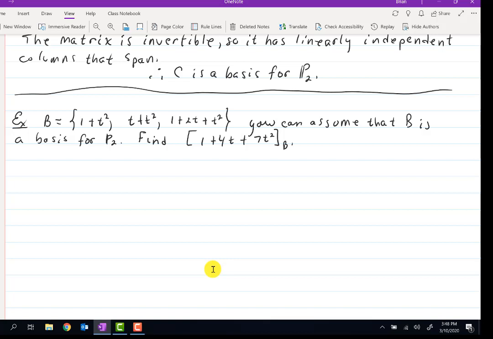Well, probably the easiest way is the following. Recall this. Remember the two linear transformation items.